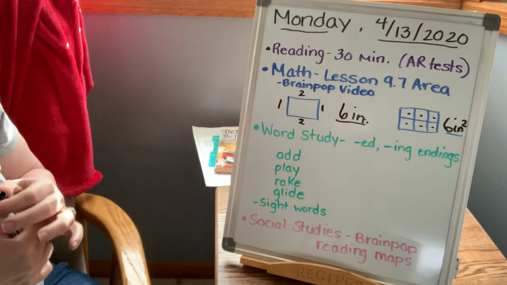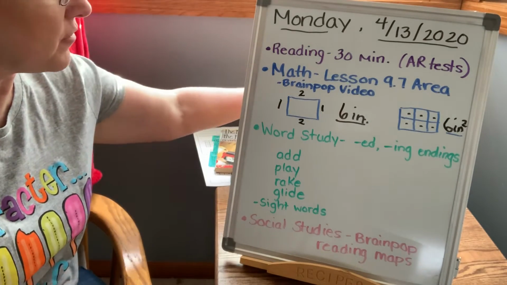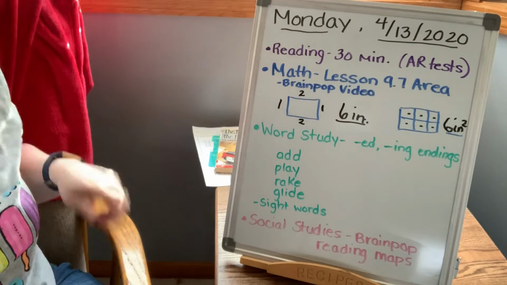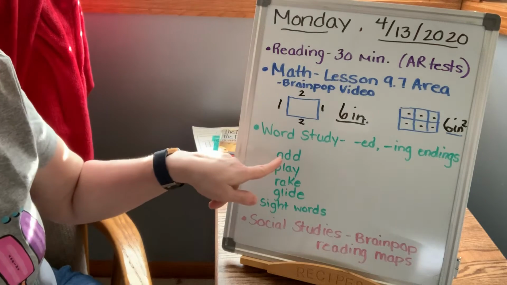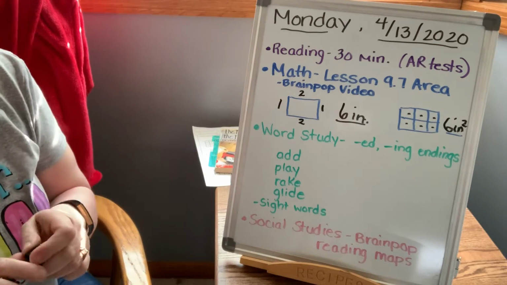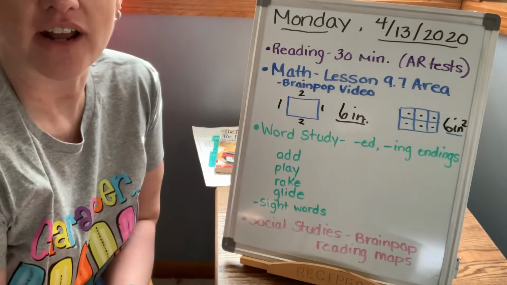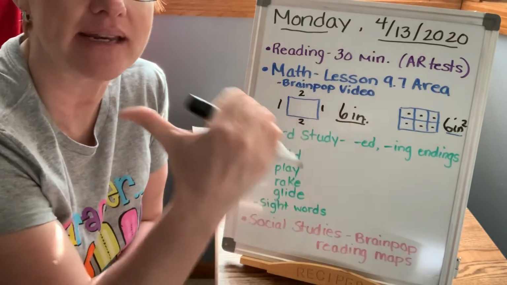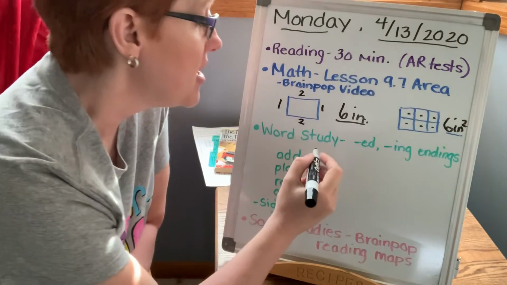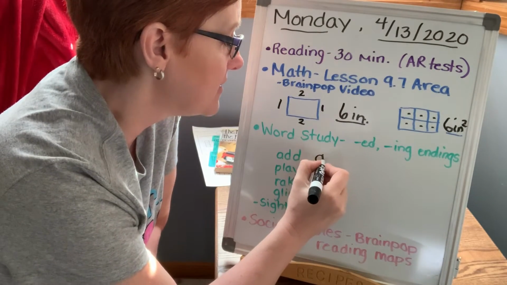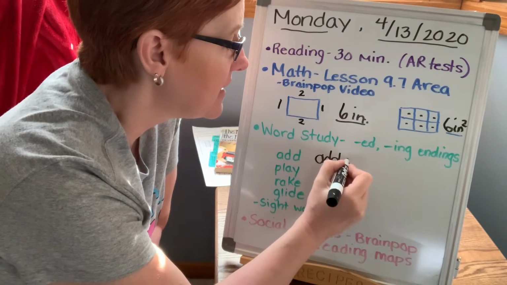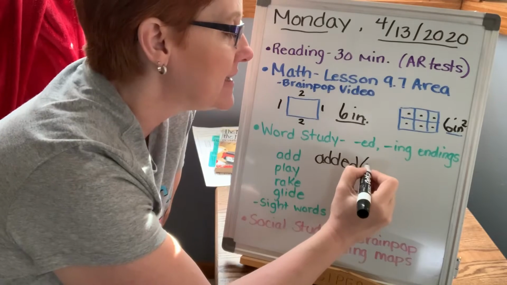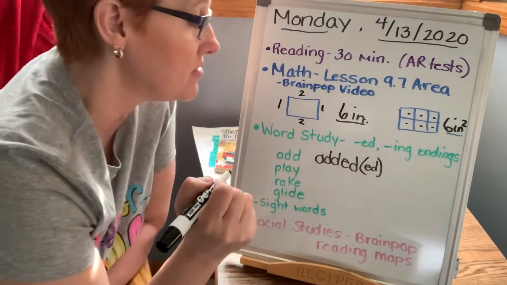for word study this week, your words are going to be where you're adding ed and ing endings. So an example would be, I'm going to give you a couple here. So add, I added the numbers yesterday. So when you add, remember we did this before, when you add ed, it means it's something that happened in the past, okay? So if we do added, so we just have add, ed, but notice add-id. In this case, it makes the id sound, right?